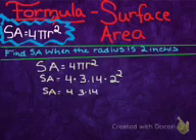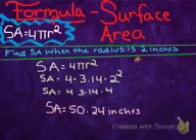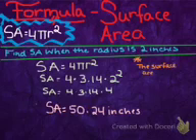Next, you do 4 times 3.14 times 4, since 2 squared equals 4. Now, when you multiply all the numbers, 4 times 3.14 times 4, the answer you get is 50.24 inches.